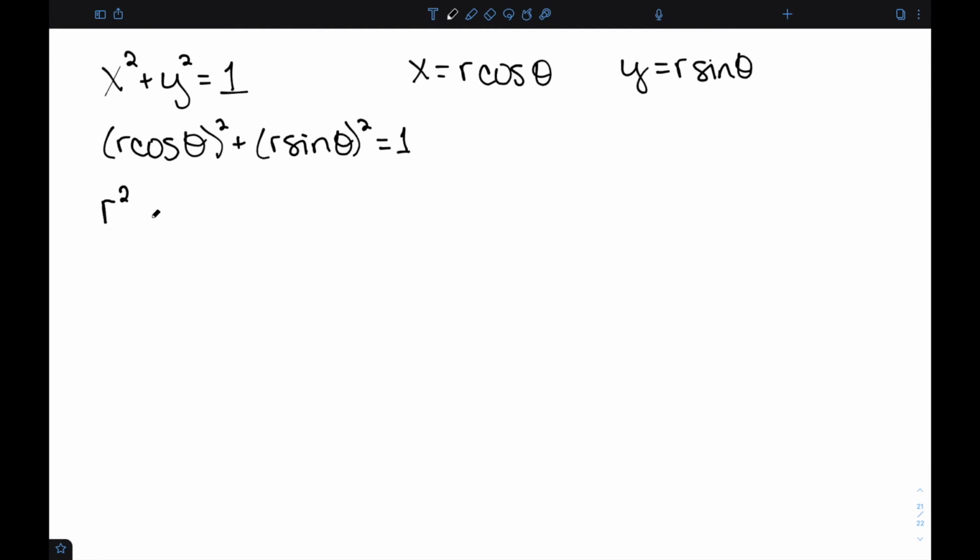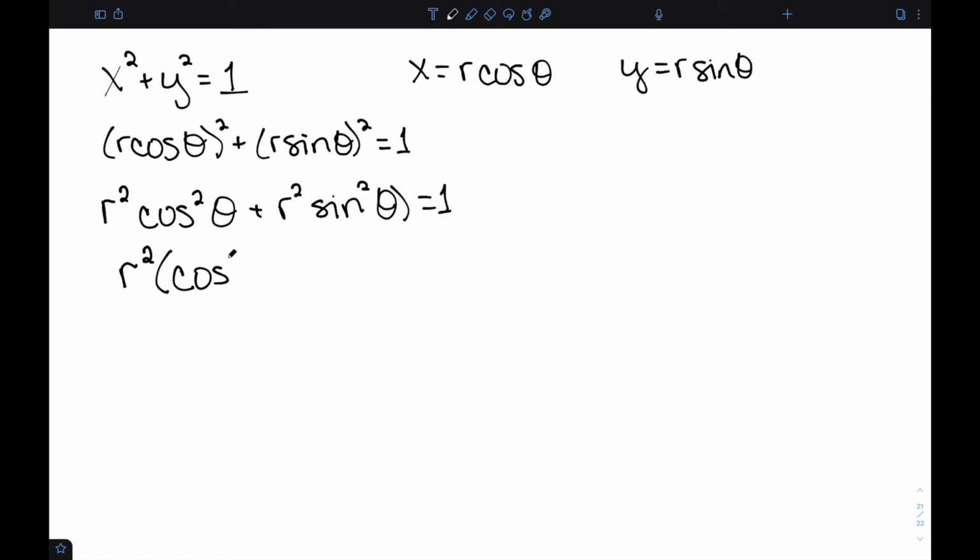This tells me we have r squared cosine squared theta plus r squared sine squared theta. We can factor out an r squared to get r squared times cosine squared theta plus sine squared theta equals 1.